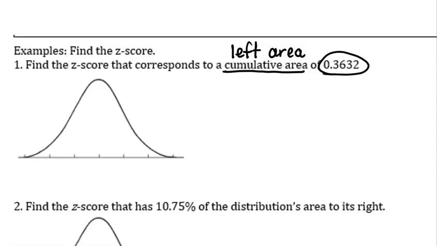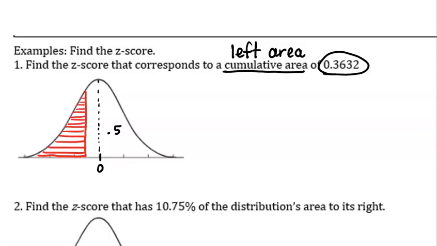And what we do know is that at a standard score of 0, which is what's in the middle of the standard normal distribution, it splits the area into half. There's a half on the left and there's a half on the right. So if we have a left area of 0.3632, that definitely has to be somewhere over here. It needs to be less than a half of it.